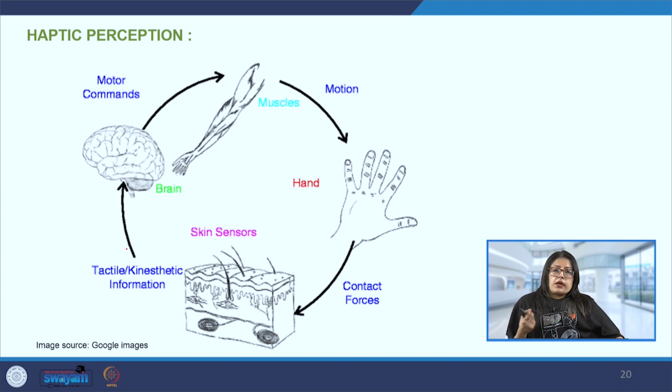These receptors track the texture, and they can look at the pressure, vibration, all of these factors, and based on that the information will go to the brain.